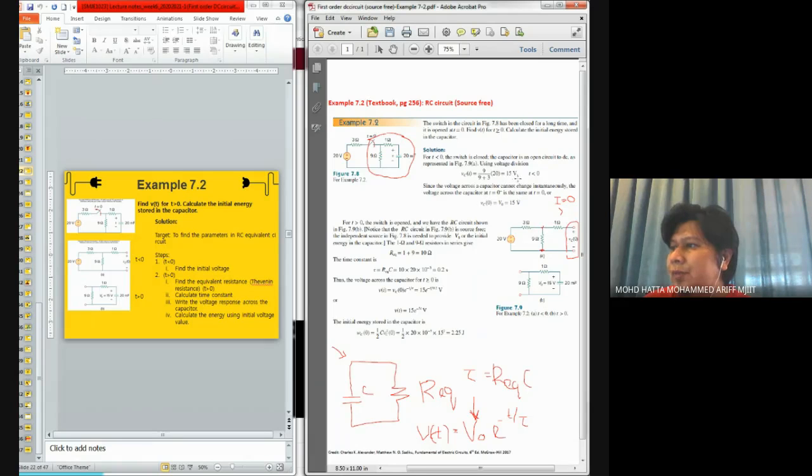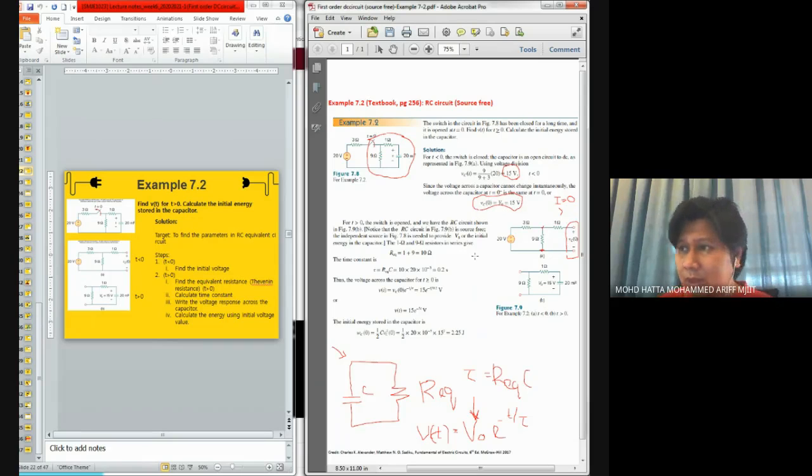Now this 15 volts we calculated is considered as our initial voltage across the capacitor. That's why here it is identified as VC naught equals V naught equals 15 volts.